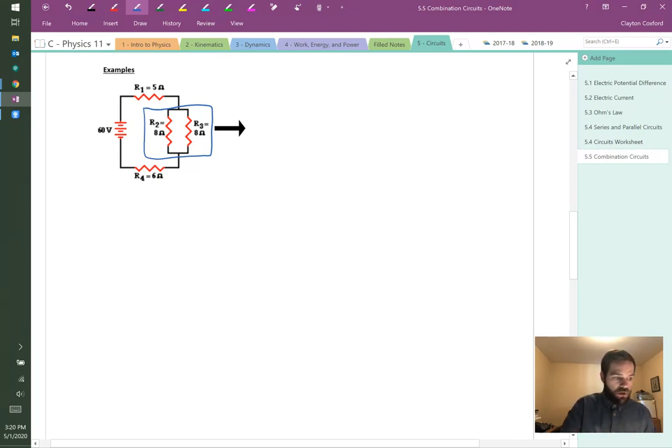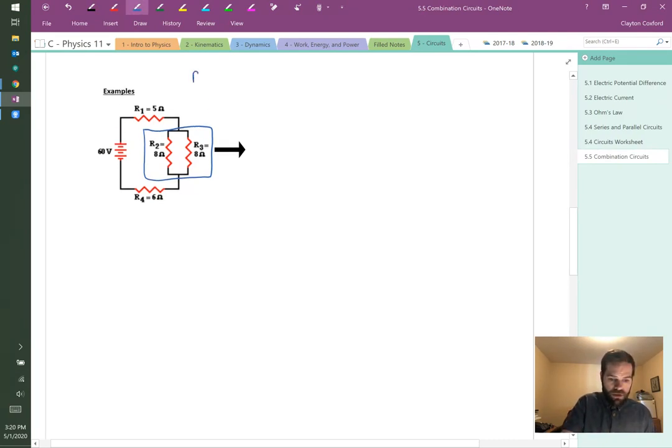To figure out what I'm going to call resistance 2,3, it's a combination of resistor 2 and resistor 3. They are in parallel with each other, so that's going to be (1/8 + 1/8)^-1, which is 4 ohms of resistance.